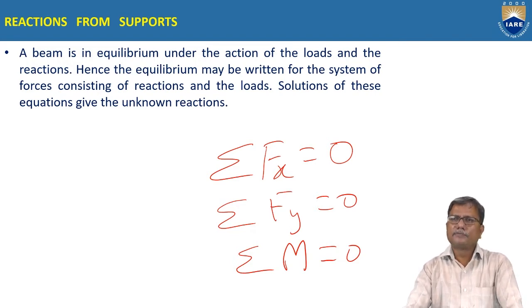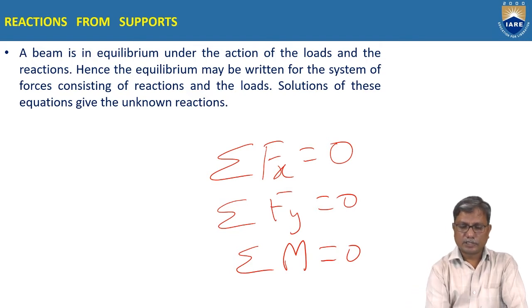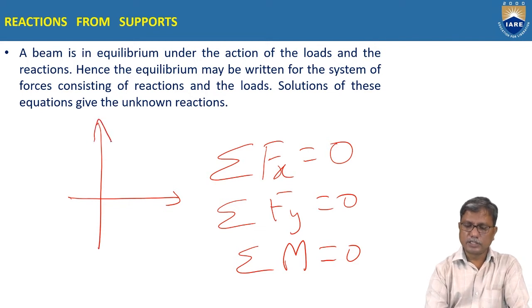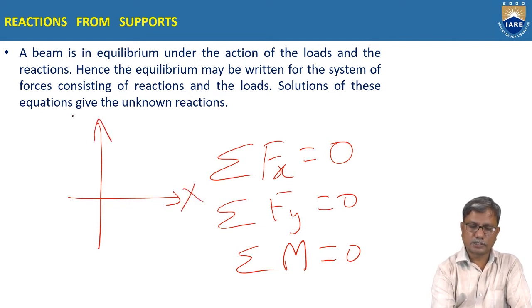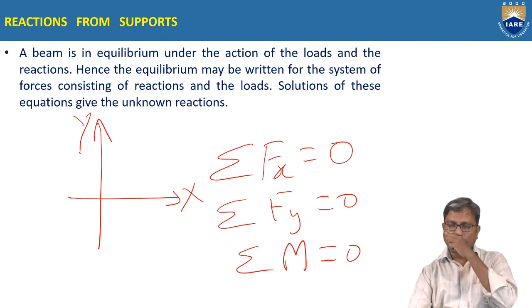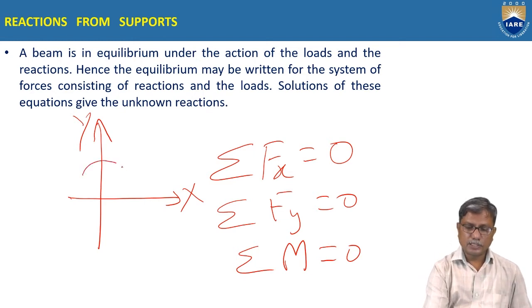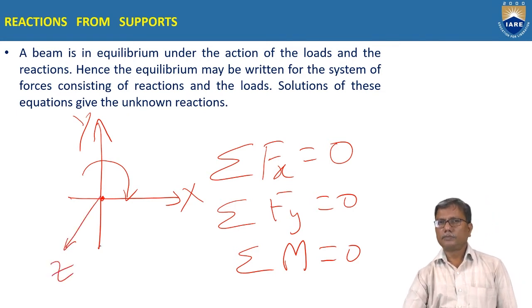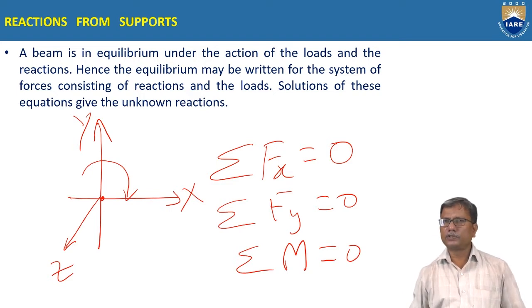x indicates the x direction, y the y direction. Generally, we take the x direction horizontal and the y direction vertical, and the moment in the xy plane, or about the z axis, which is perpendicular to the plane xy. You know, three mutually perpendicular directions, x, y, and z.